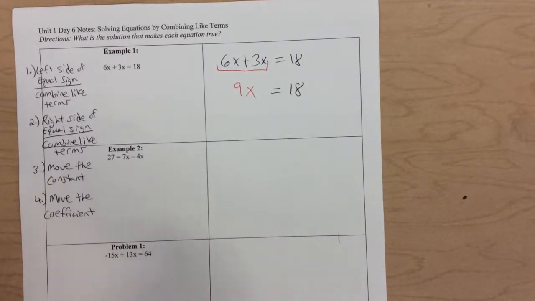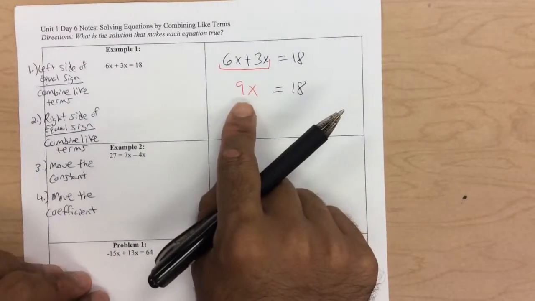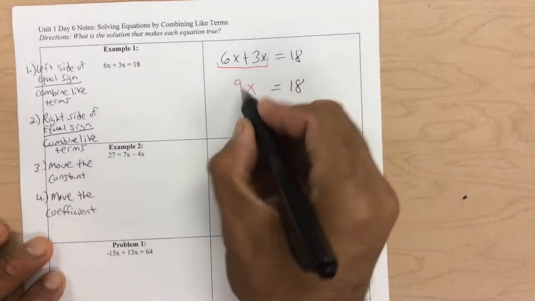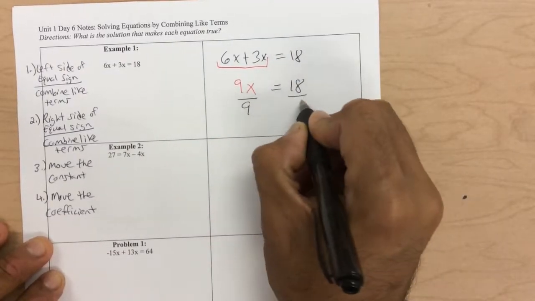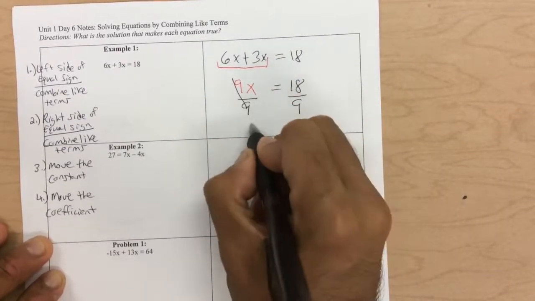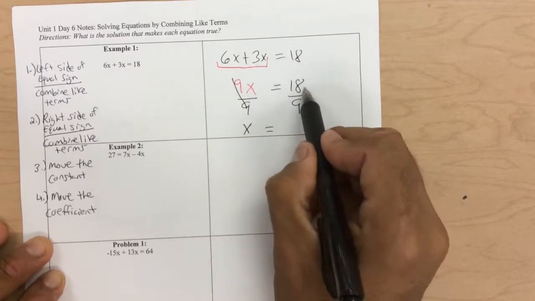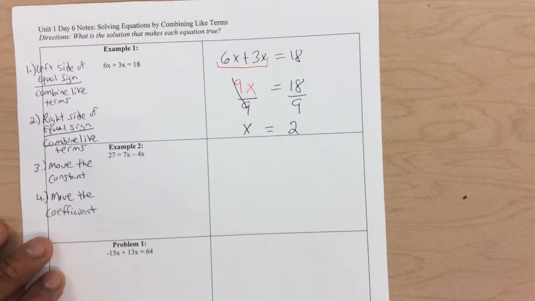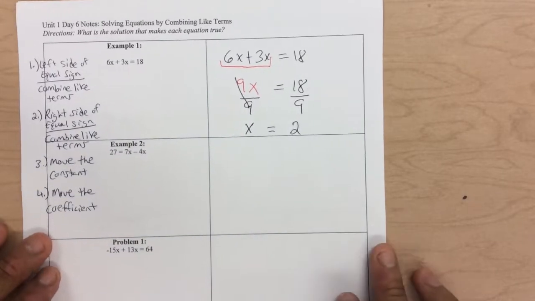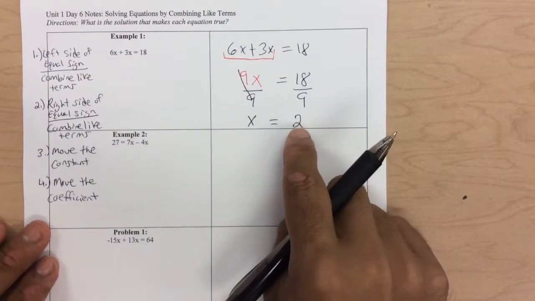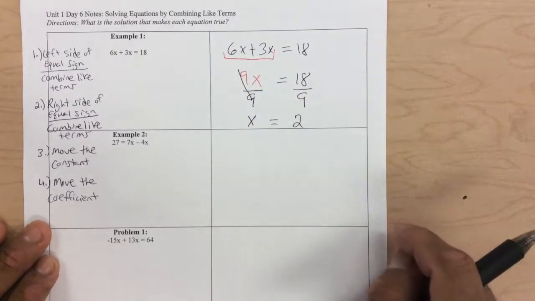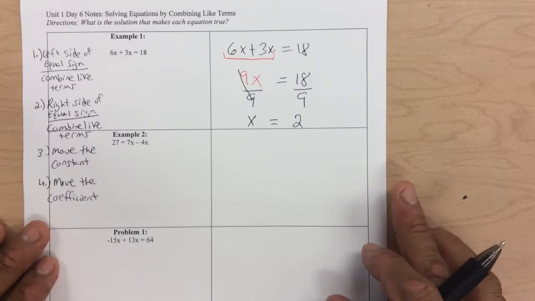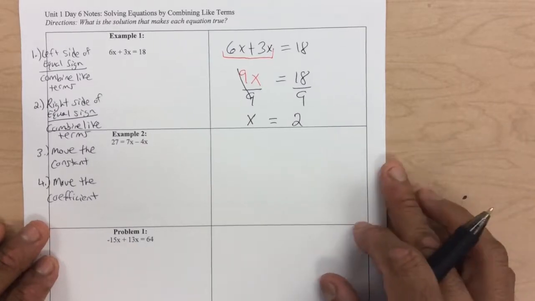Now, let's do step 4, move the coefficient. To move the coefficient, that means to move the 9. So if we're multiplying by 9, the opposite will be to divide by 9. So we're left with x equals 18 divided by 9 is 2. Okay? And you're always welcome to take your answer and try to plug it back into your original equation to see if it's correct. It never hurts to check your work or even check your answer.